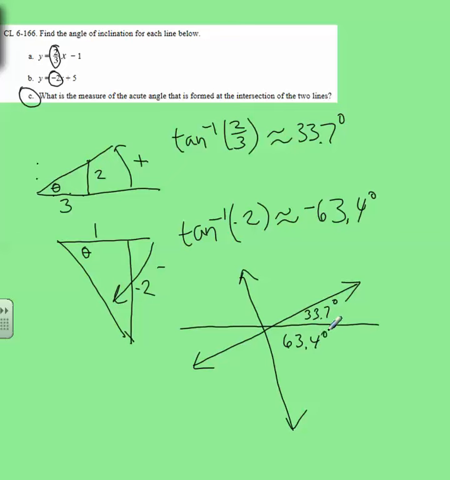Now I'm not going to take into consideration the negative. So I've got this total here. Now the sum of these two is going to be obtuse. We're looking for the acute angle. So I'm going to find 180 degrees minus these two, and my acute angle is 82.9 degrees. All right, next question.